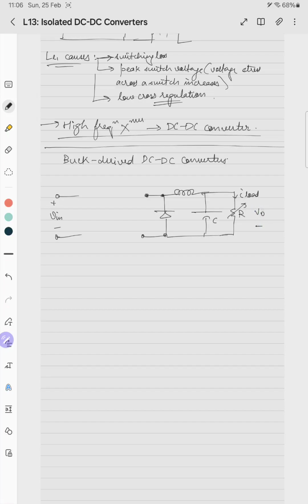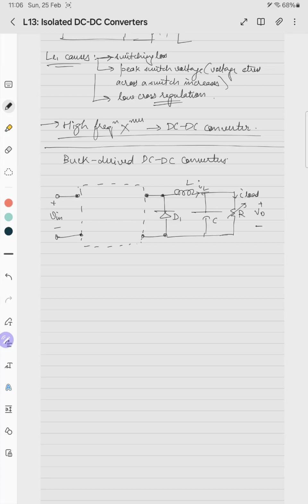This is V0. And there is an isolation. Our aim is to give the isolation, so the negative terminal of V in should not be connected to the negative terminal of V out.